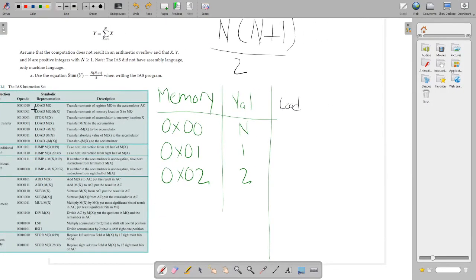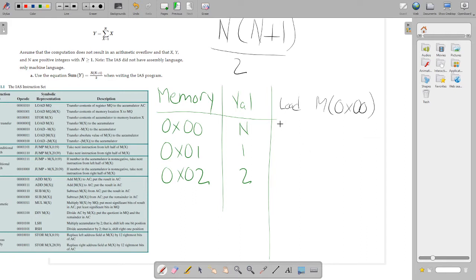We need to load a memory address, right? So rather than load n, since it's a variable and it's in memory, we're going to need to load M of x. So what we're going to do is load M hex 0, and that'll just load n.